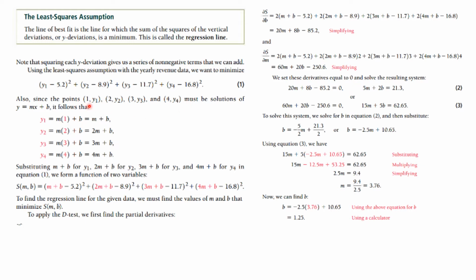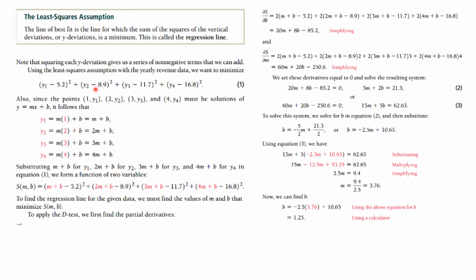Since these points on the line must be solutions to y equals mx plus b, y1 happens when you put 1 in there, so we get m times 1 plus b. We get y2 is equal to this, y3 is equal to this, and y4 is equal to this. So y1 is m plus b, y2 is 2m plus b, and so on and so forth.